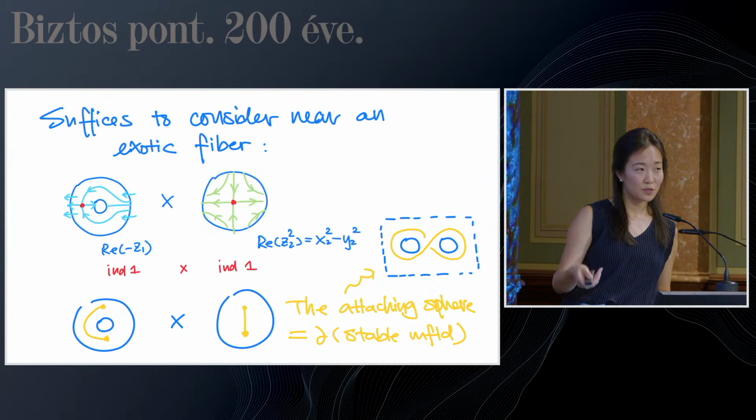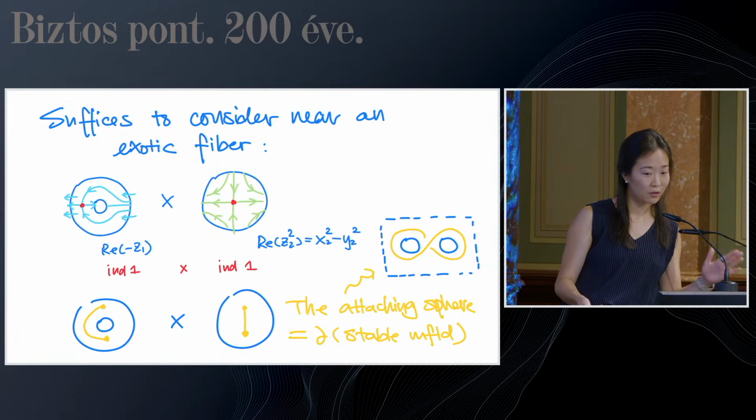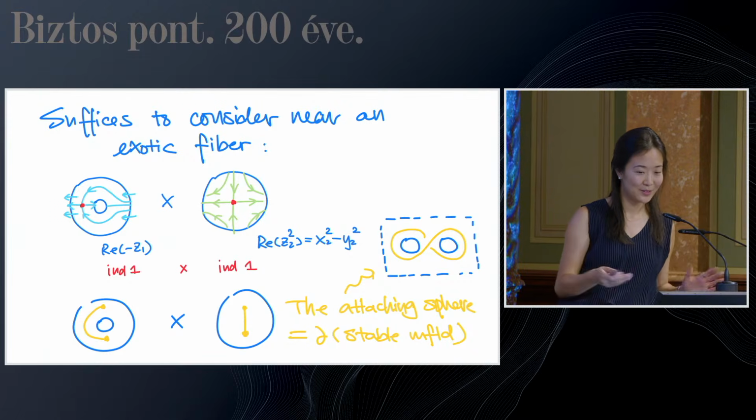And the attaching sphere is going around two of these boundary components. It's not supported in a single page, but it's supported in an arbitrarily small neighborhood of the page. Okay, so this is supposed to tell you what a Weinstein structure looks like on a nearly Lefschetz fibration.